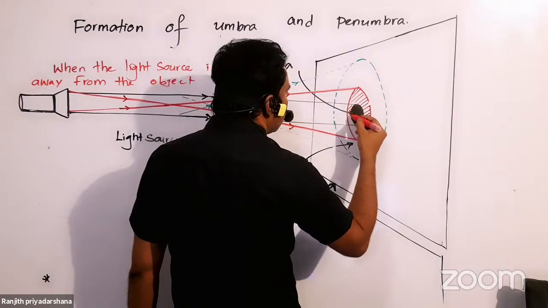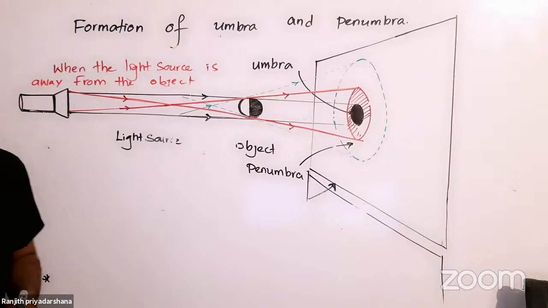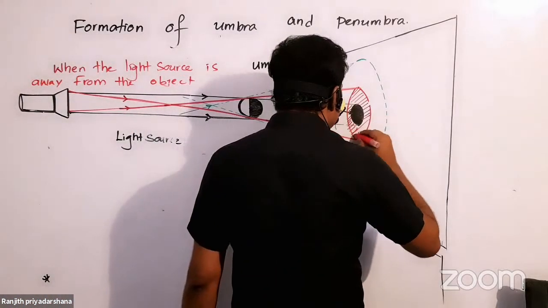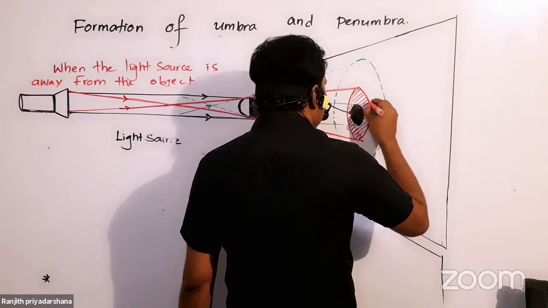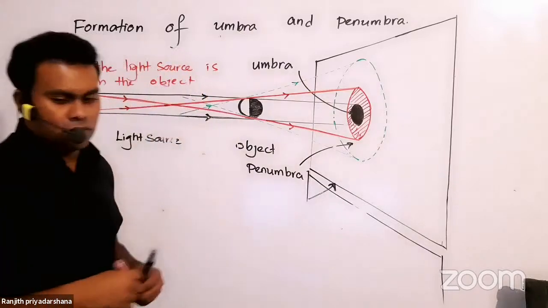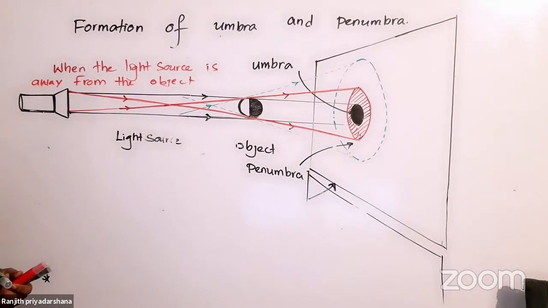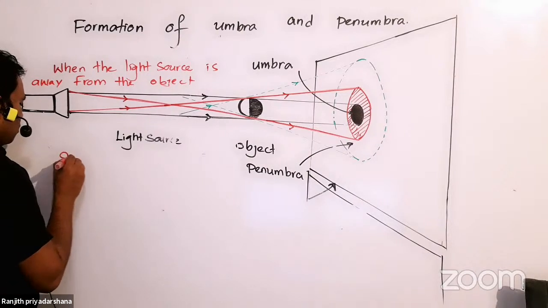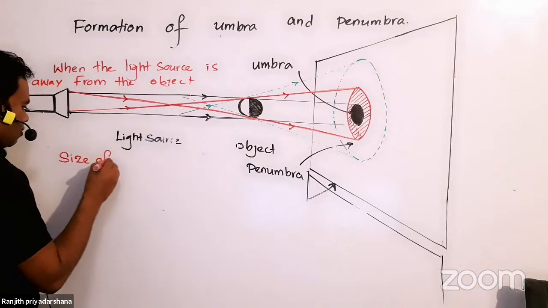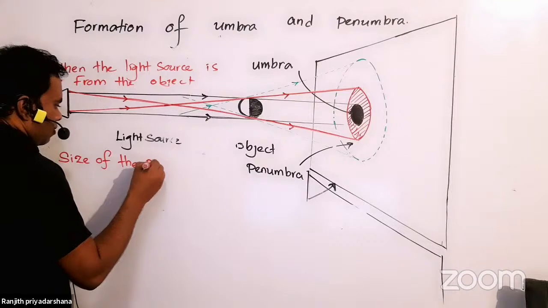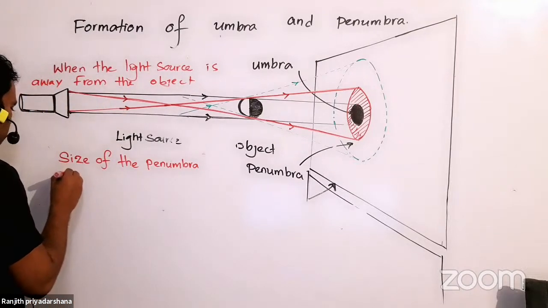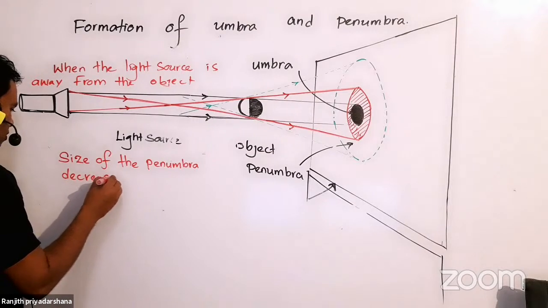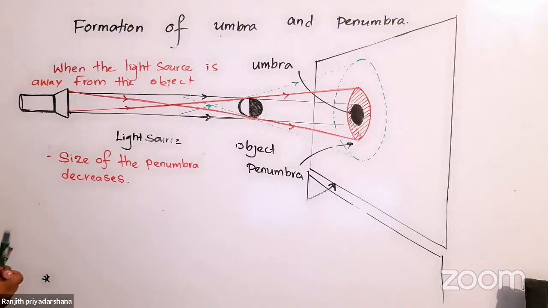New penumbral size is very small. Size of the penumbra decreases.